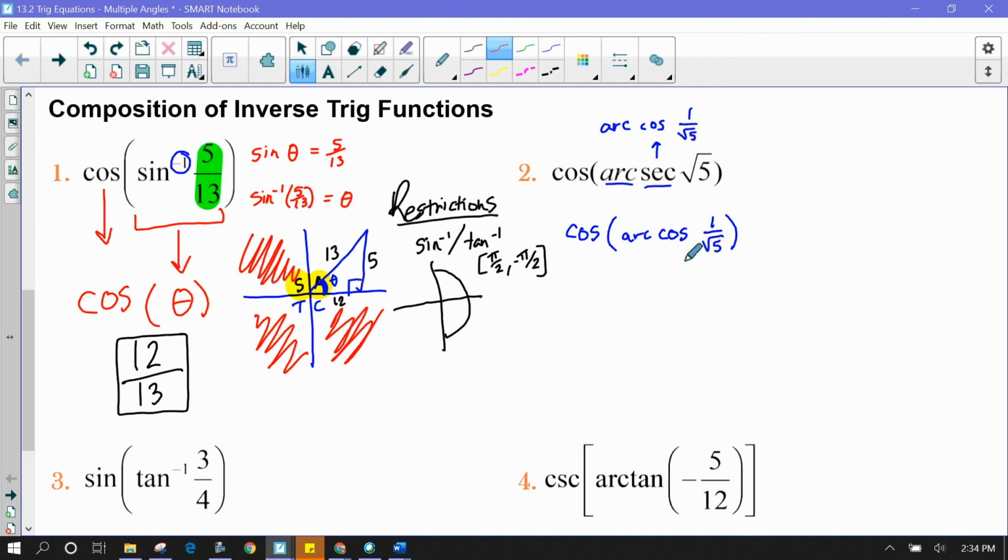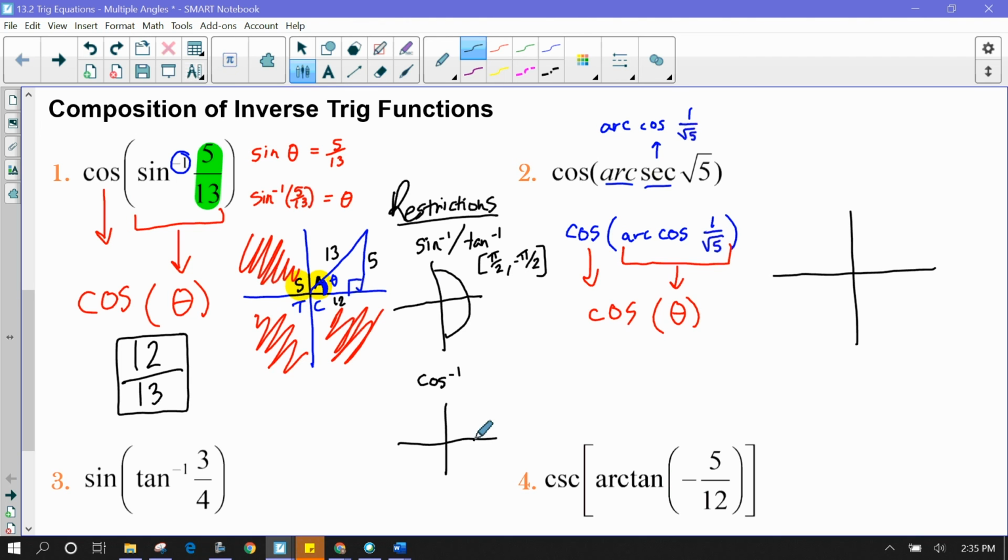Once again, I recognize that all of this is going to boil down to an angle. Then, whatever that angle is, I want to know what the cosine of that angle is, and that will be my final answer. So again, the first thing to do is figure out which quadrant this is taking place in.